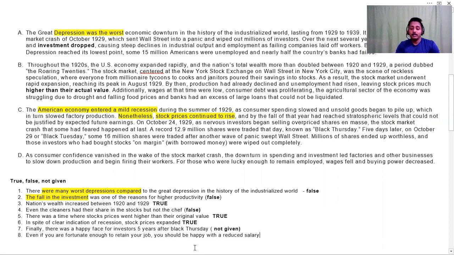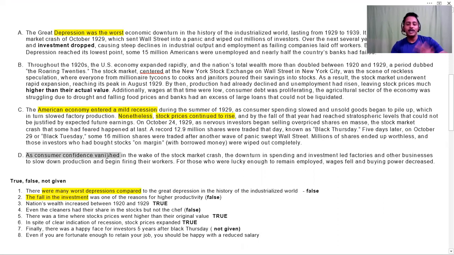What is the answer for the last one? Kanchan wrong. Abhinaya wrong. Pooja wrong. Dhruv wrong. Archana correct. Vandana wrong. Even if you're fortunate enough to retain your job, you should be happy with the reduced salary. Perfect, Charan. Appreciate that. Manusha perfect. Ganesh perfect. Aparna perfect. Not sure why people wrote not given or false. See, few things will be indirectly given, and something like this can definitely come.